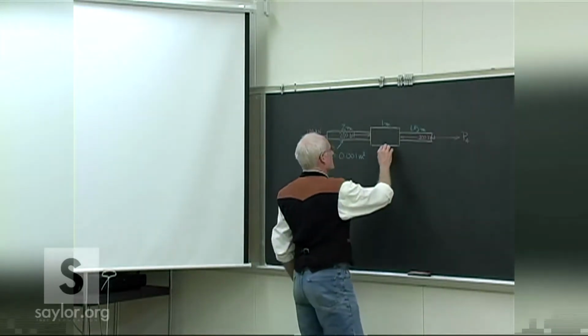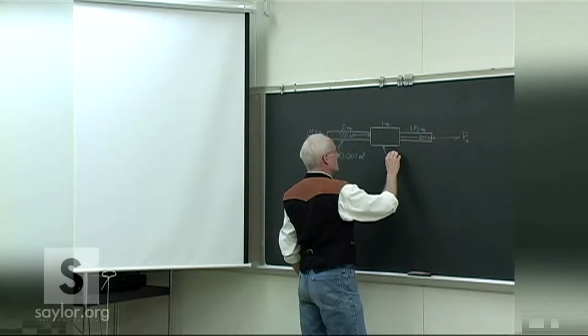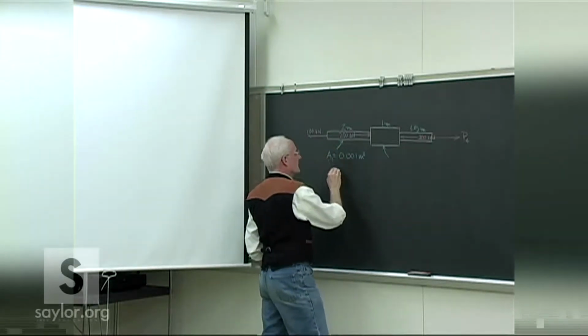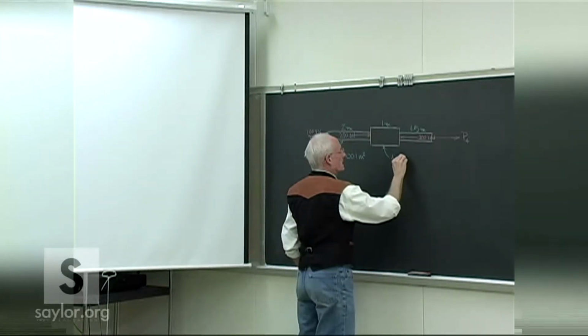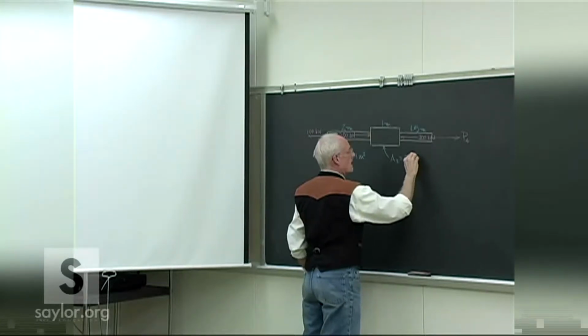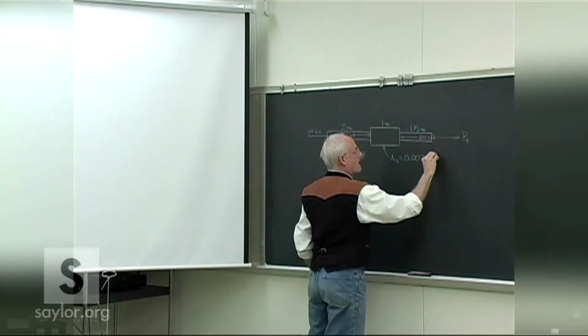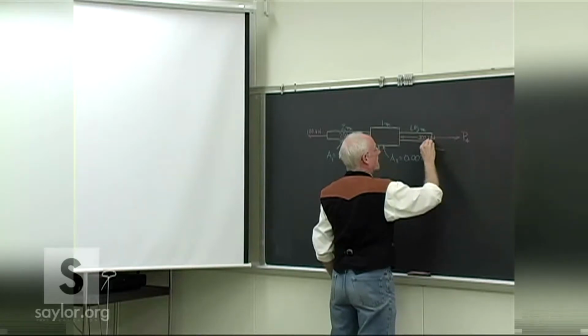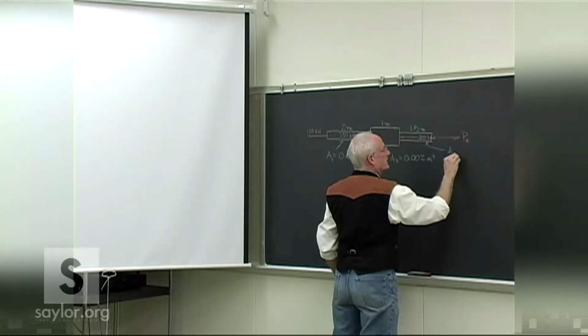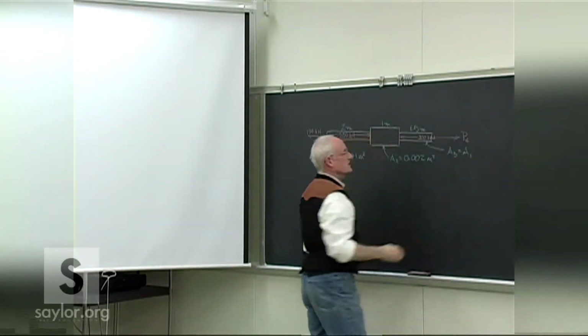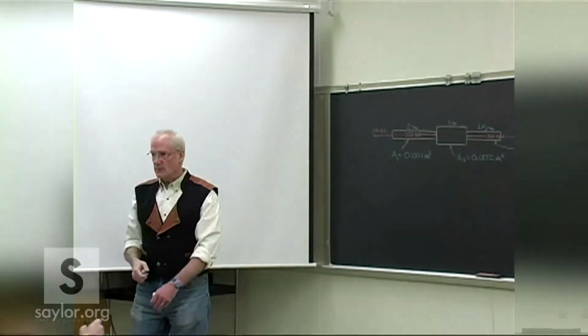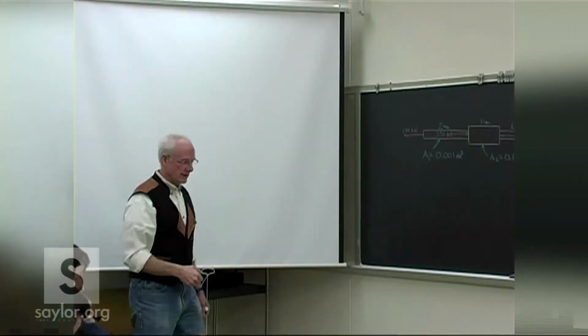Yep. This one is twice that. So maybe A1, A2, and A3, and A1 are the same. The 2 end pieces, the smaller pieces, have the same cross-sectional area.